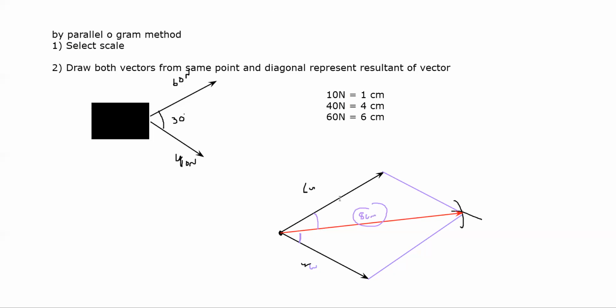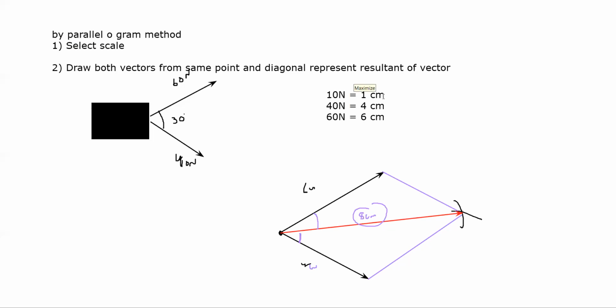So magnitude is a value, and the direction is the angle it makes with one of the vectors. Is the parallelogram method to find the resultant clear?